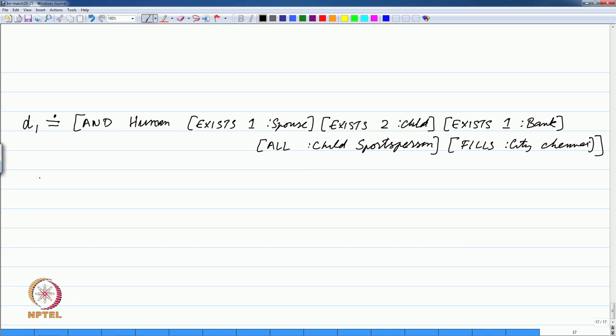Now, let us define another concept D2, and we say that this is a concept of all females who are married, okay. So, let me not use uppercase.